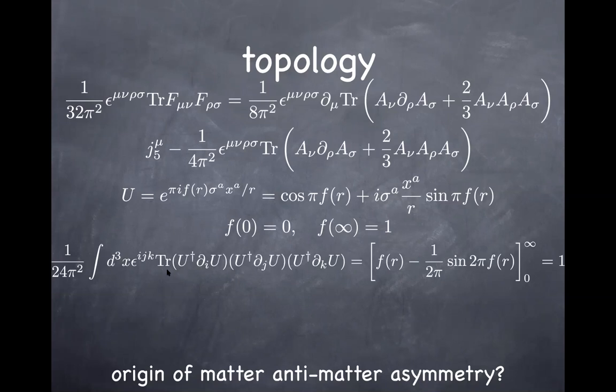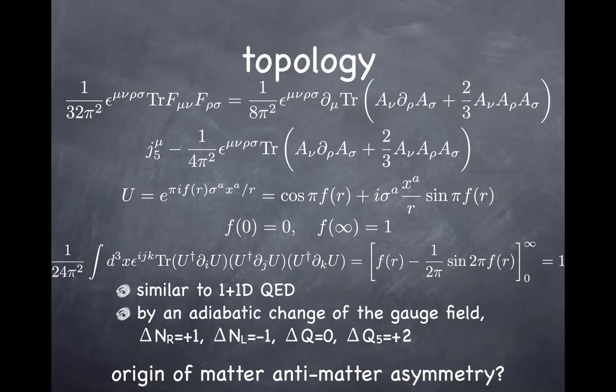And it turns out that this turns into a total derivative expression along the radial direction, so that I can write out this explicit expression along the radial direction. If you take the boundary values, then this is just 1, again because sine 2πf vanishes, if r changes from 0 to 1, hence the result is 1. So this is the non-trivial gauge transformation with 1 unit of winding number.